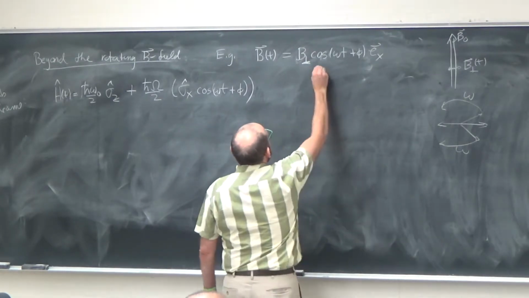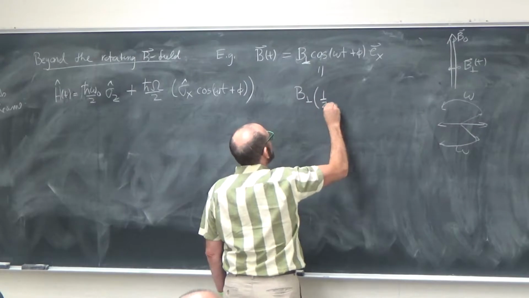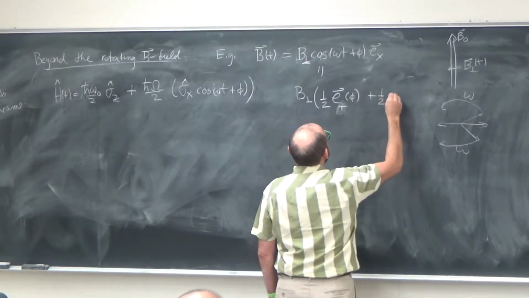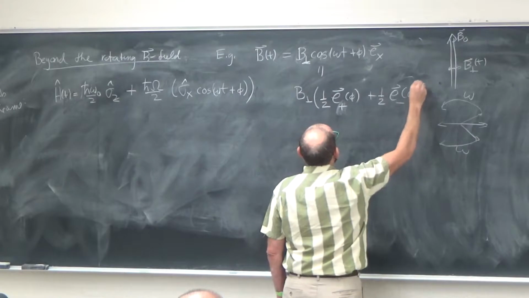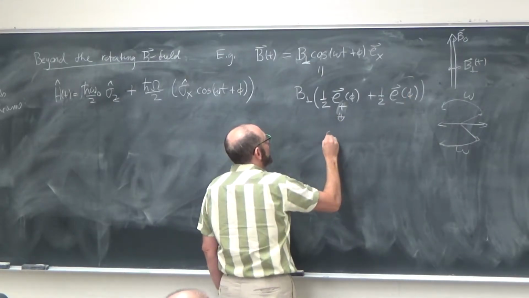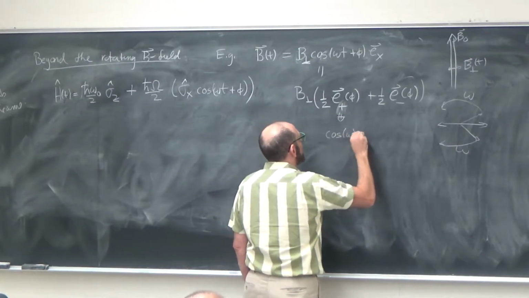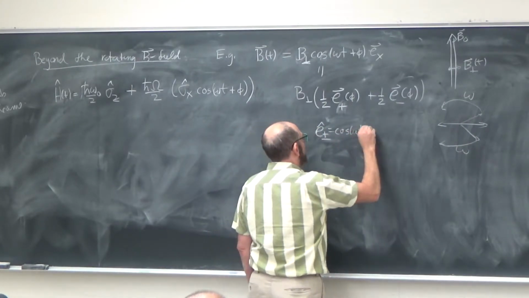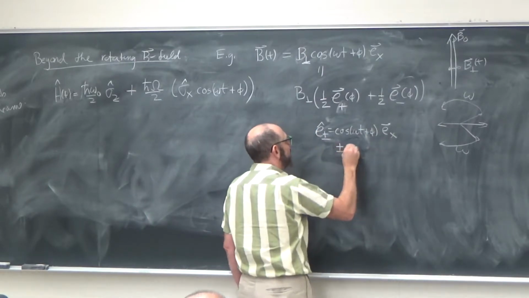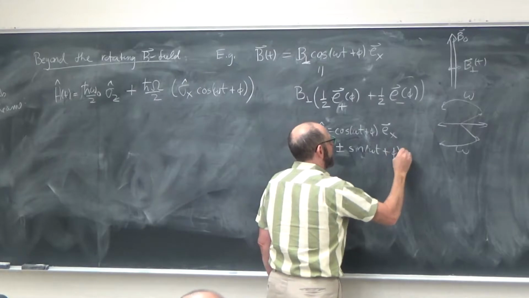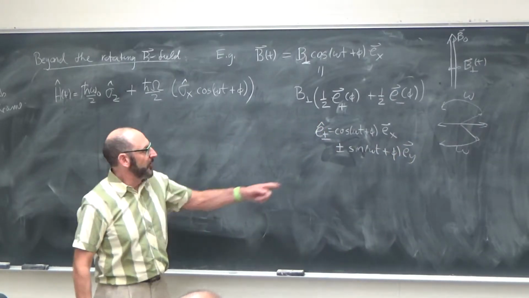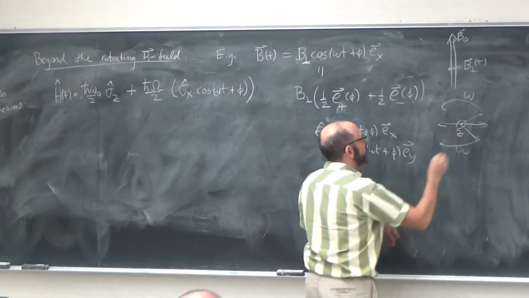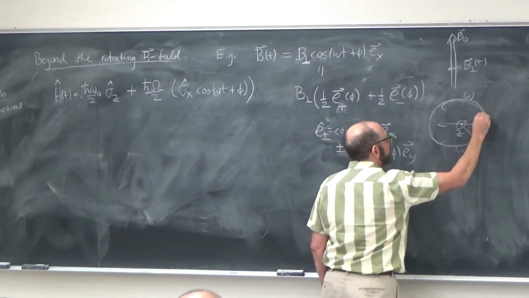So I can write this as a half of it going plus and a half of it going minus, where this e plus or minus is cos omega t x-hat plus or minus sine omega t y-hat. So if this is the z-axis coming out of the board, the plus one is going around like this, and the minus one is going around like that.